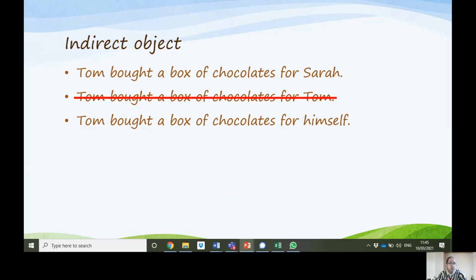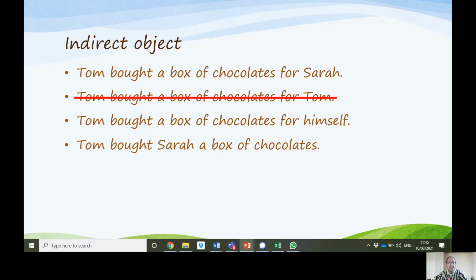Because we've got 2 objects here, one direct, one indirect, we can actually change the word order without the preposition. For example, Tom bought Sarah a box of chocolates. What did Tom buy? A box of chocolates. That's the direct object. Who for? Sarah.